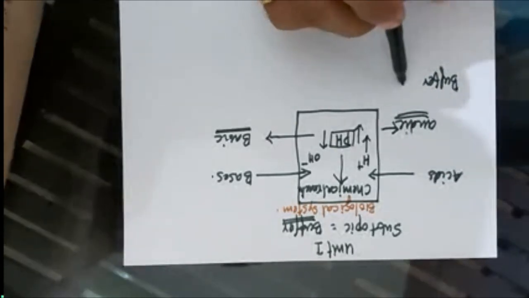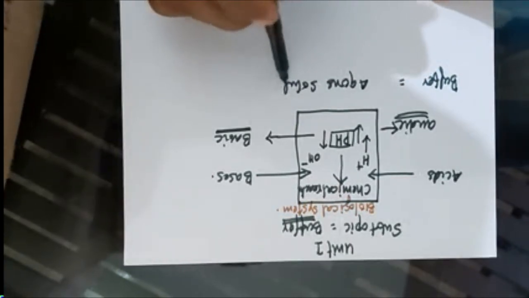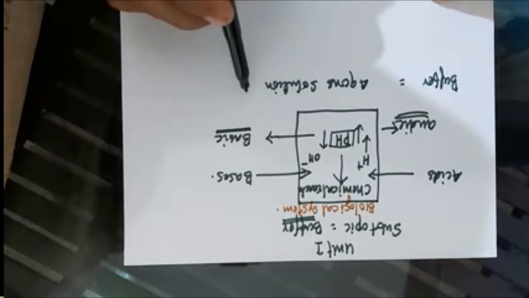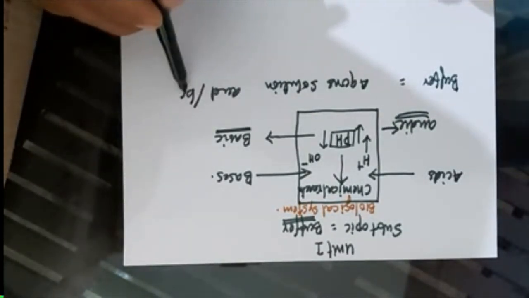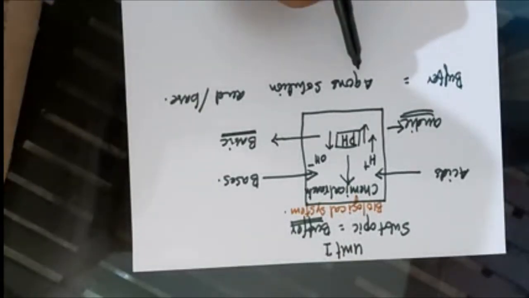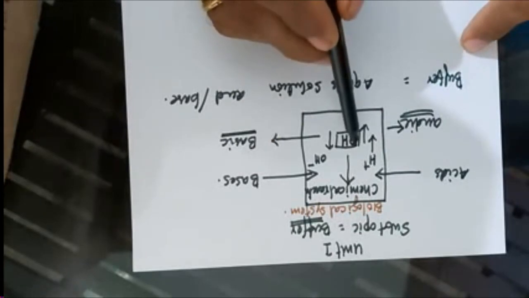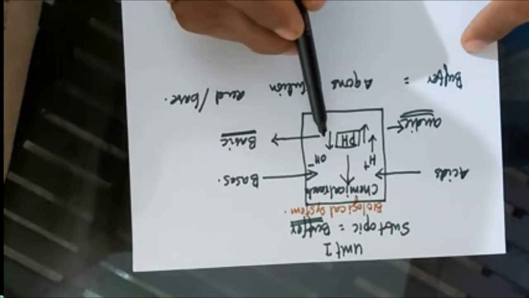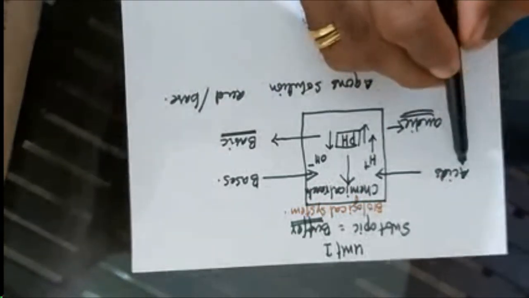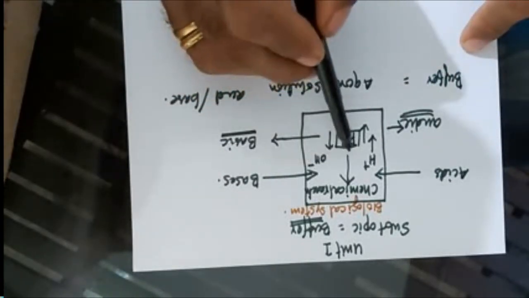A buffer is an aqueous solution, or an acid base balancing solution, capable of resisting any pH change, either decrease or increase, of a solution when excess acids or bases are added to it.